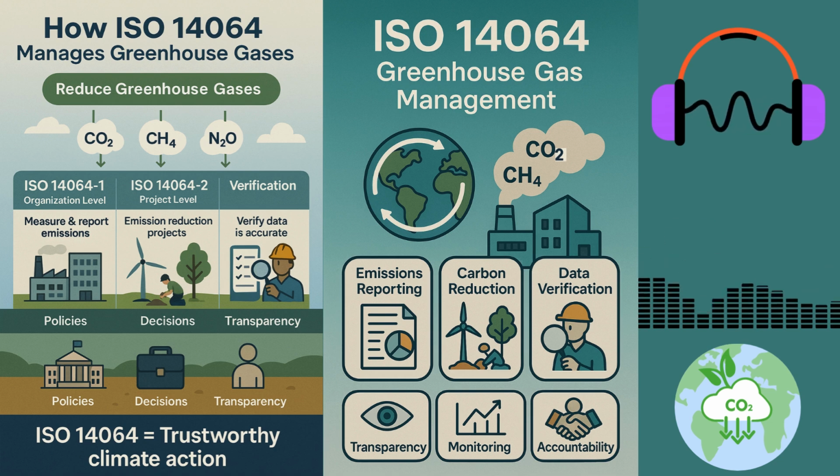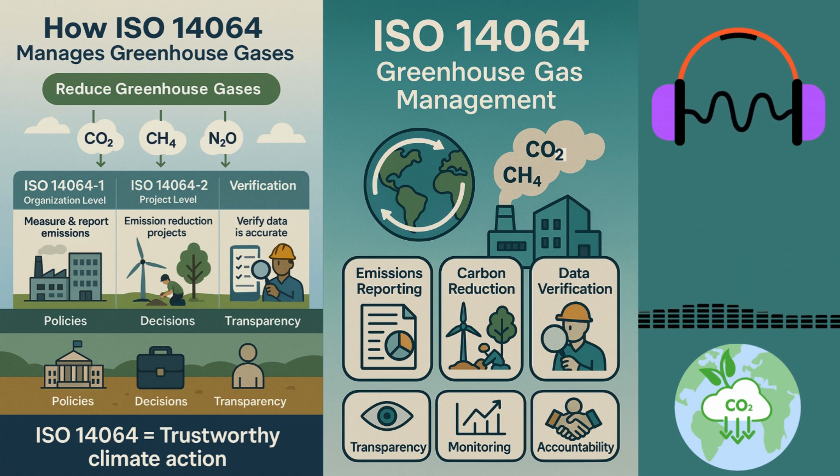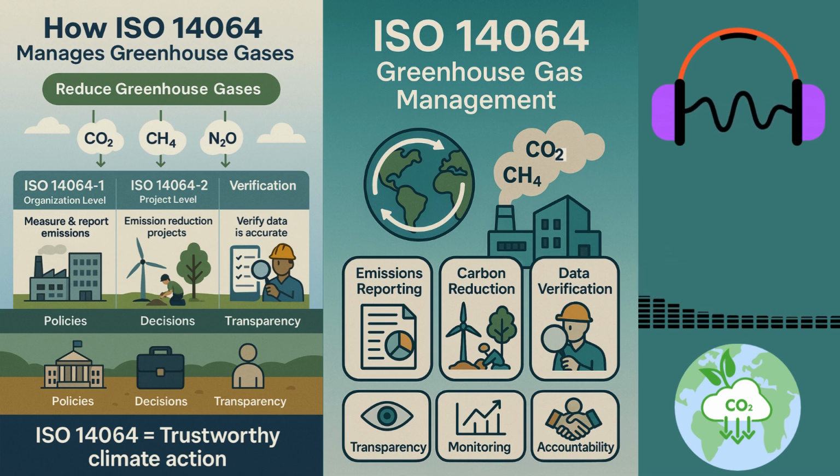No cutting corners. Transparency goes hand in hand with that, requiring openness about how data was gathered and what methods were used to build trust. Consistency and accuracy ensure that if you measure something one way this year, you measure it the same way next year, and that the data reflects actual emissions.